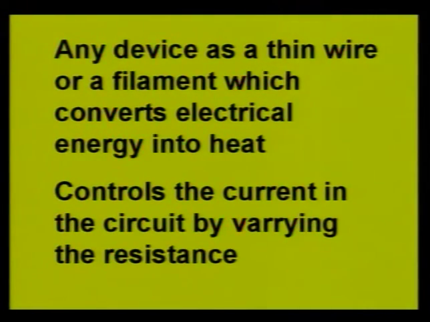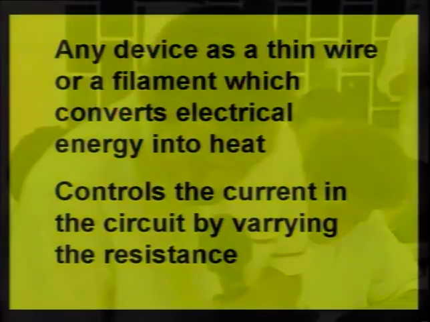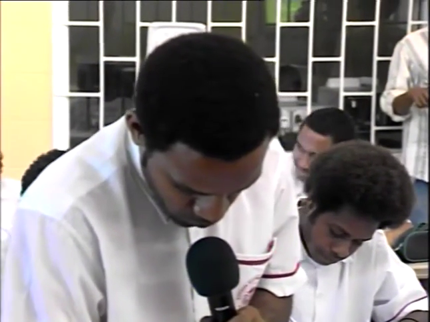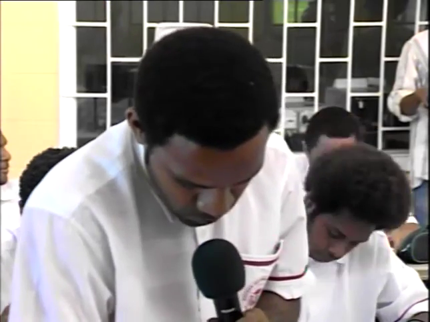From that definition, the next one is a variable resistor. A variable resistor is a device which allows the value of the resistance to be changed to provide a range of values for current or voltage.